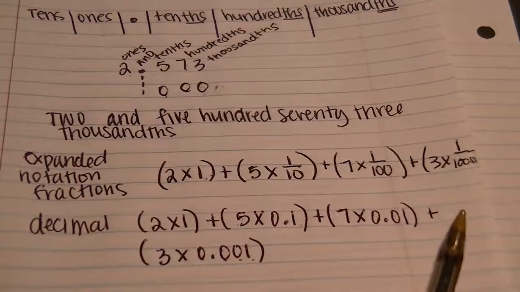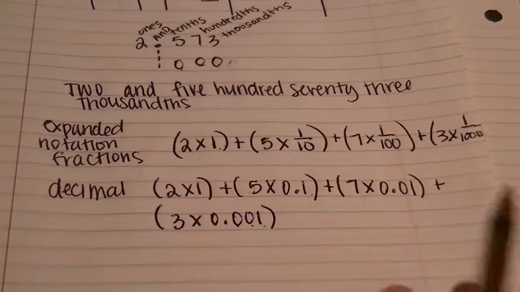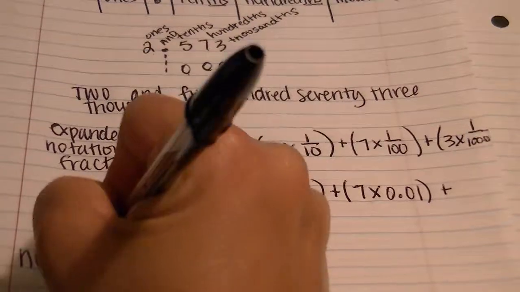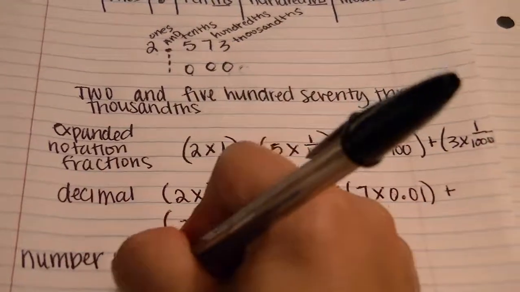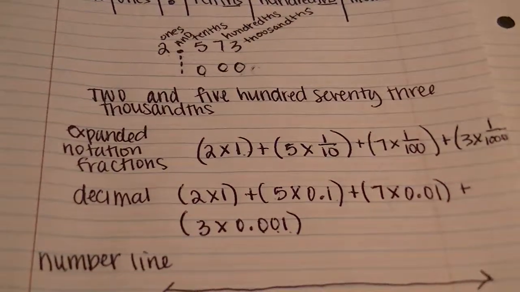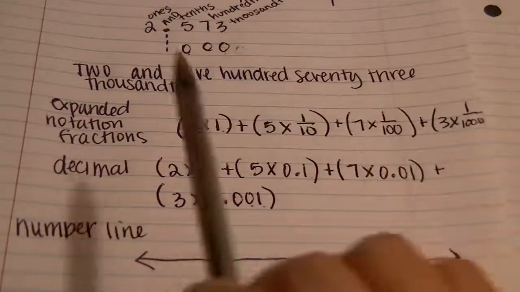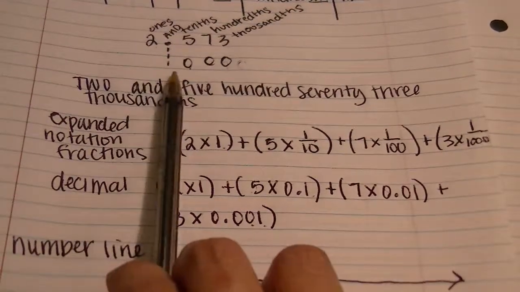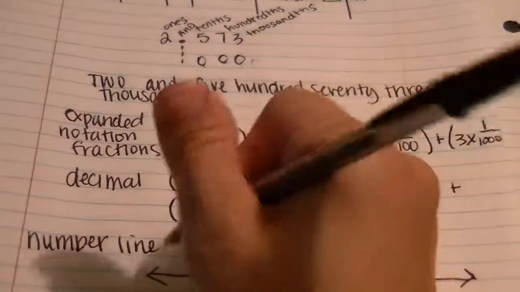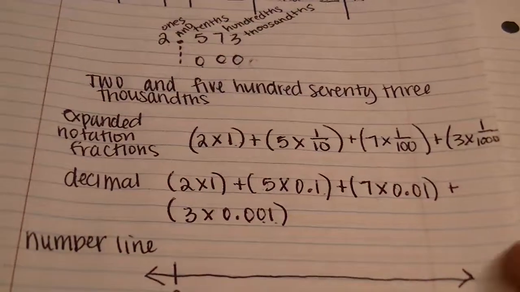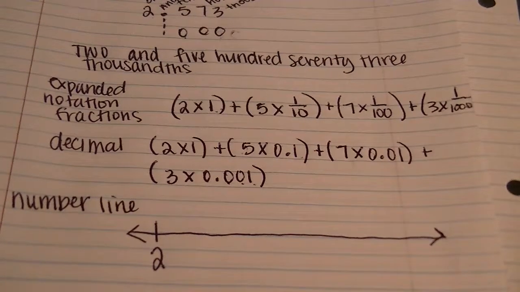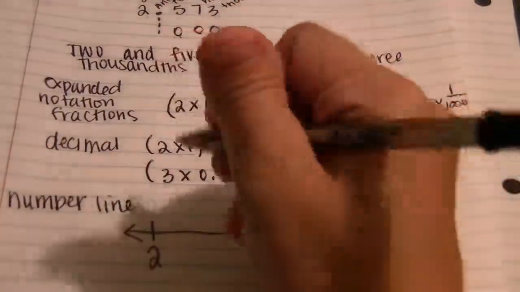Alright, next is the number line. Alright, so we are starting past the number 2. So I'm not going to put 0 or 1 on my number line because we are already going past 2. So I'm going to put the numbers 2 and 3 as my whole numbers. So since we're dealing with tenths, hundredths, and thousandths, I'm going to make my intervals at tenths.